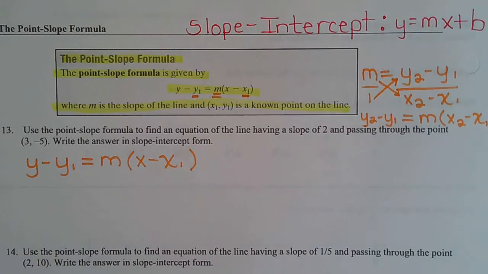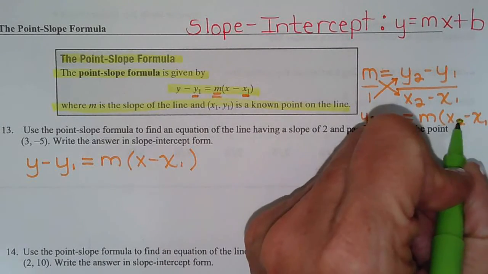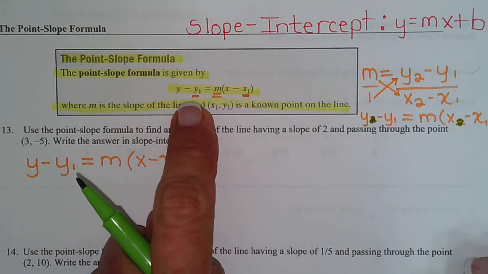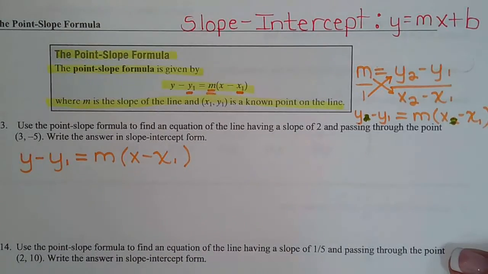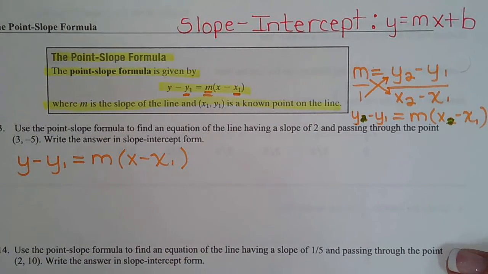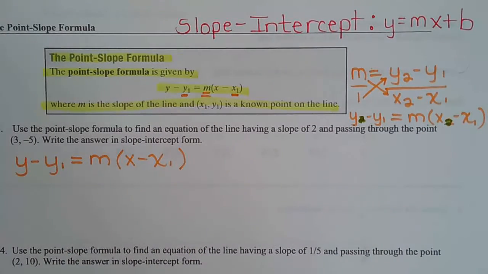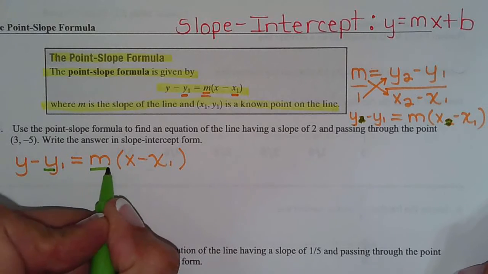Take the 2's off, because it doesn't matter what you call them as long as they're different. So that can just be called y, and look what we have. Point slope form. So it just comes from the slope formula. And like I said, if you ever forget it, write the slope formula, cross multiply, and boom, there's the point slope formula.